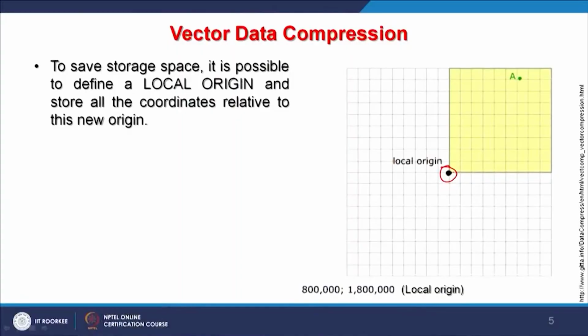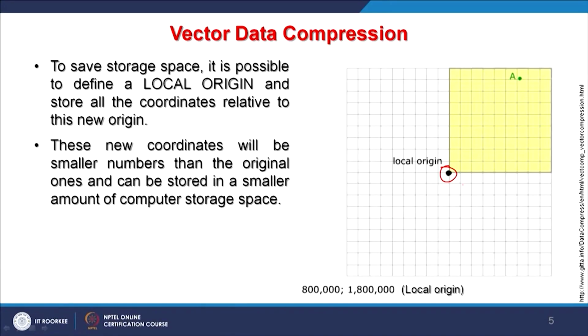So instead of writing degree minutes that may be the same for a small area, which means I am introducing redundancy, we can have a local origin, and with reference to the local origin everything can be surveyed and plotted.